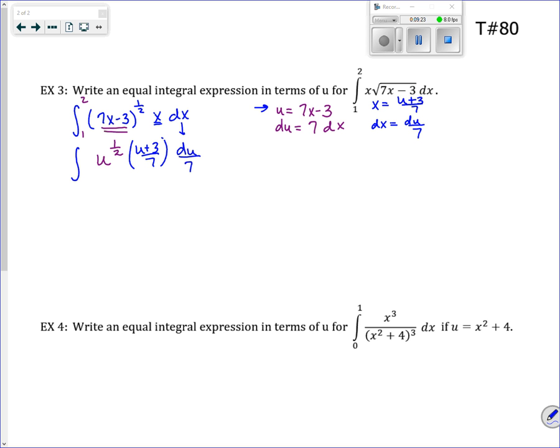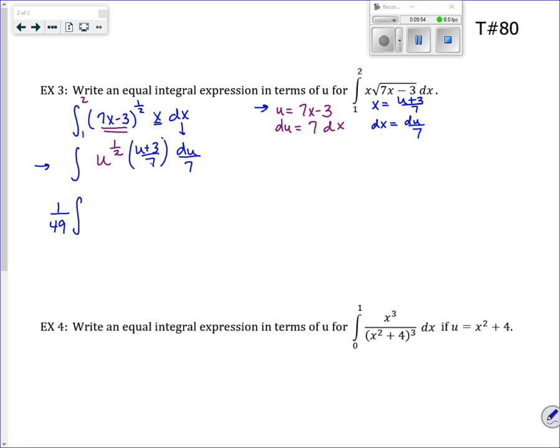But here's the deal. Notice that in this problem, when we were doing the definite integral on the other one, I said I just don't write my bounds. Here, it's not 1 to 2. Let me go ahead and do the next line and tell you what I mean. If I did this integral and cleaned it up, are you with me that I would pull out a 1 over 49 because I have a 7 times 7?